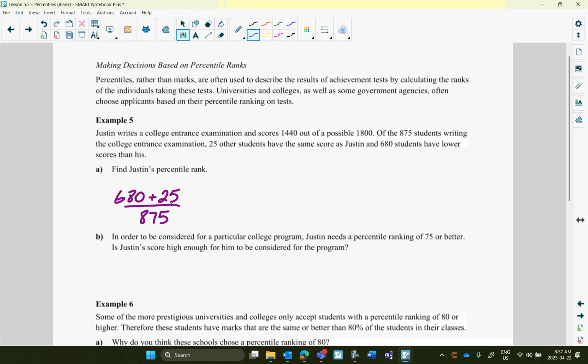And we also have to include Justin. So it's 680 plus 25 plus 1, which gives us 706 out of 875, and then we would times that by 100 to convert it to a percentile, and we get 0.807. What would that be in terms of percentile? 81st.